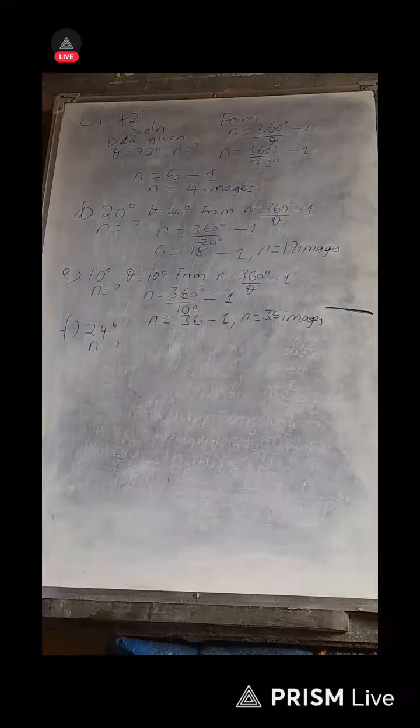So as usual, take almost a half minute or 30 seconds to come out with your important answer on how you can get the number of images when the angle between the plane mirrors is almost 24 degrees. Thanks for those who continue to comment and to come out with the important answers.